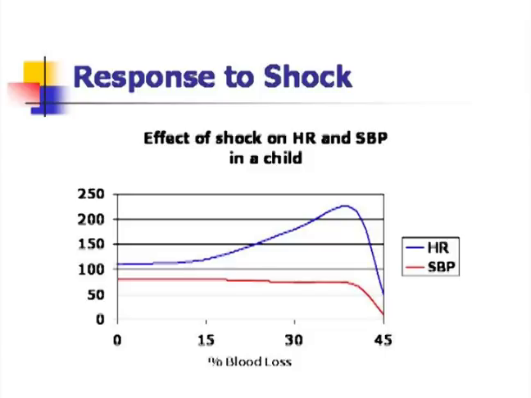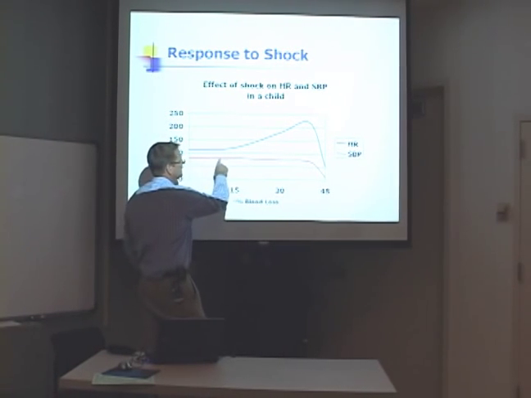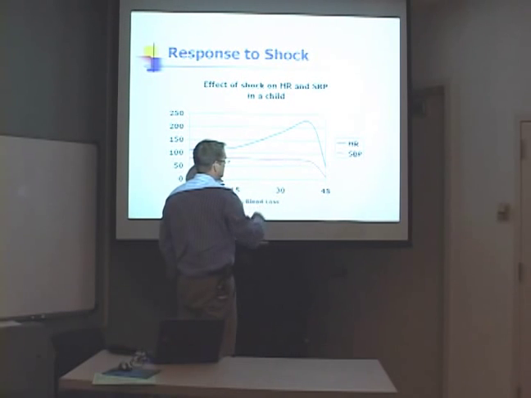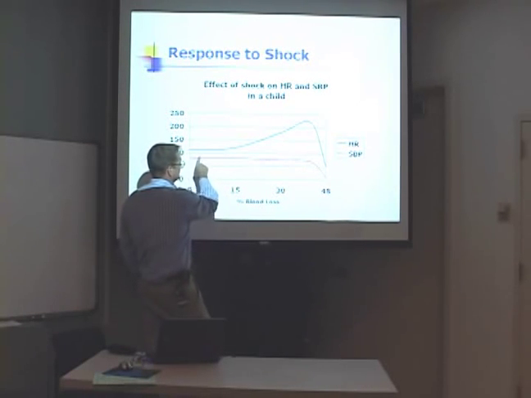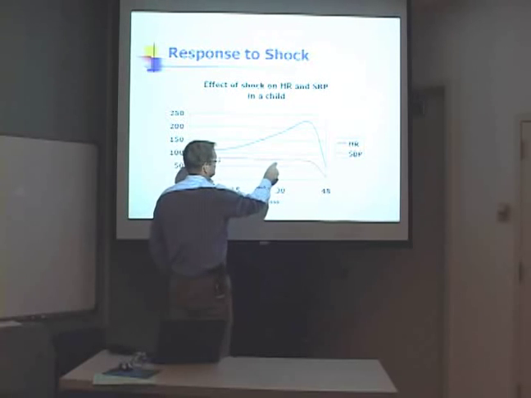Okay, so let's just look at systolic blood pressure. If you follow the red line for systolic blood pressure, the kids can maintain their blood pressure pretty well. Okay, in an adult, what would happen is when you get out to 15, 30, and 40%, the blood pressure starts drifting down.